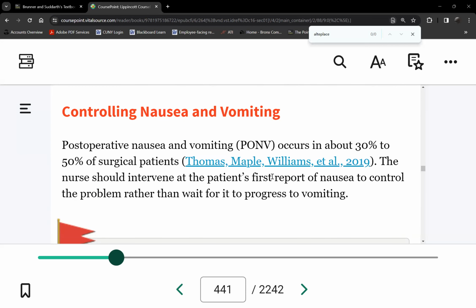Flumazenil. Okay, flumazenil. No, flumazenil is the generic. Romazicon is the brand. Okay, it's flumazenil.